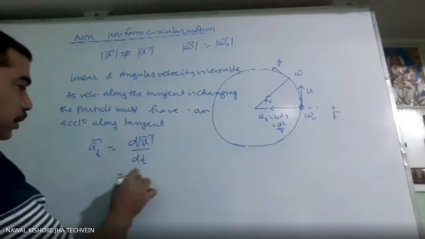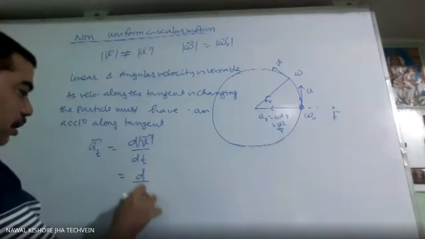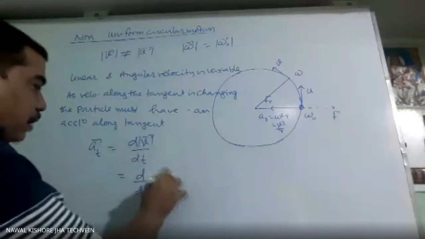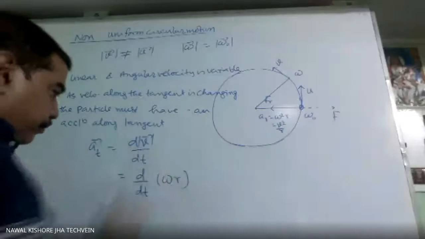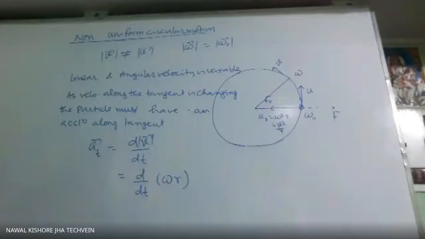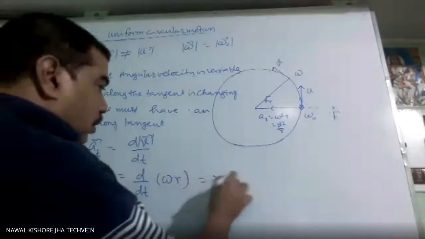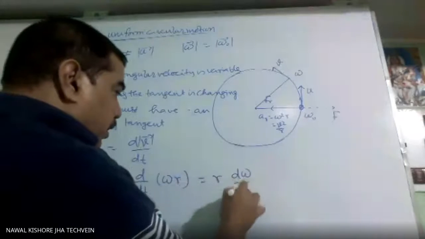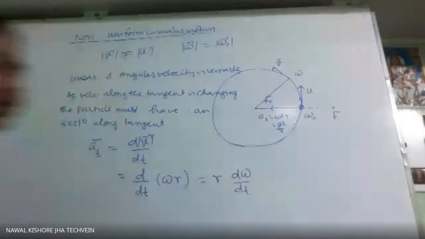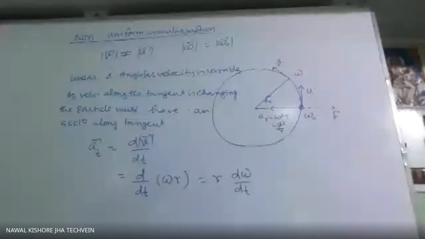Now this will be d by dt of, in place of v we can write omega r. R is constant. So r d omega over dt, the rate of change of angular velocity. Actually, angular velocity will also change when v changes, because v is always equal to omega r.